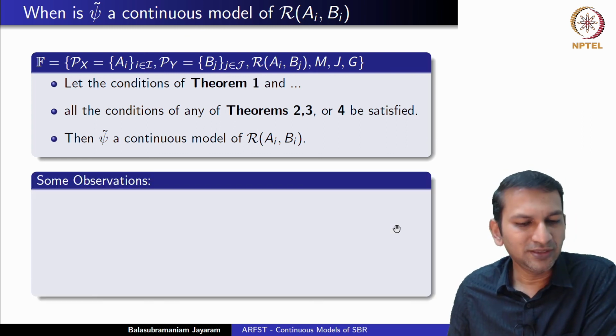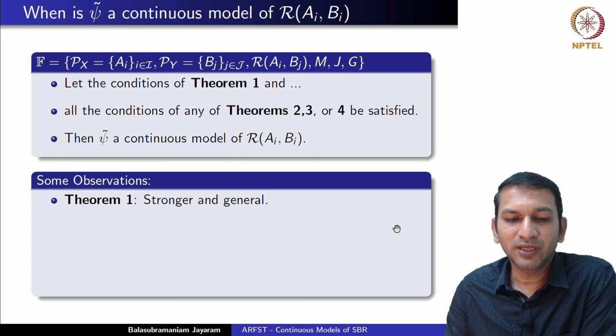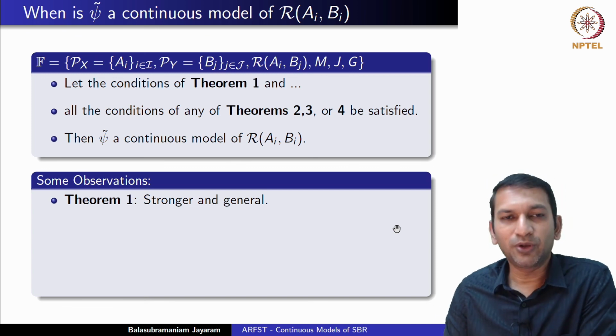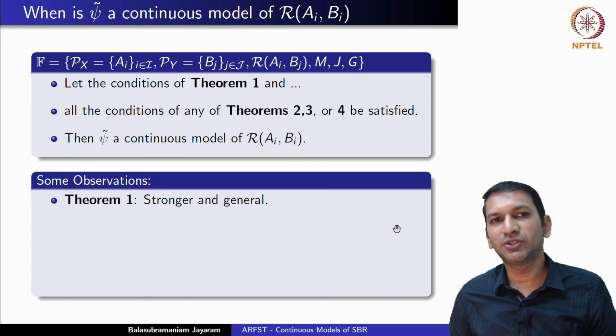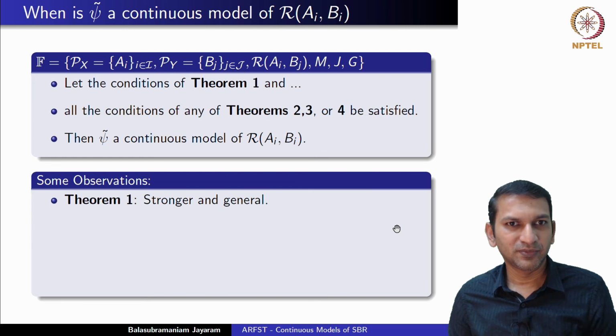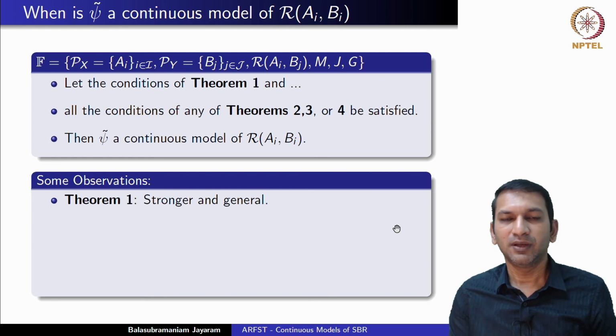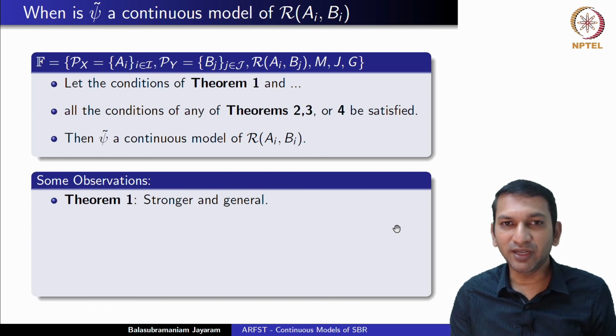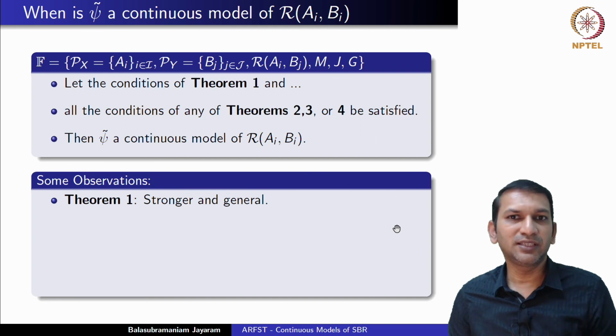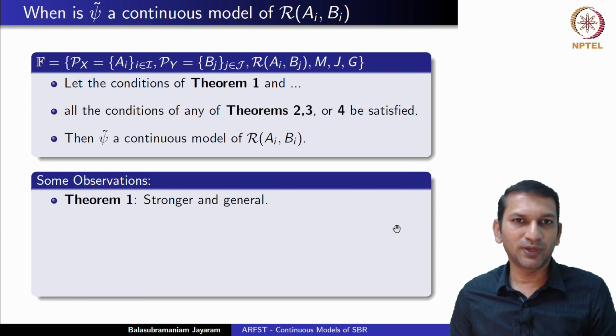A few observations. Note that theorem 1 is in general stronger, and it is also general because we have not put any conditions on J or G except on the continuity part. We are not asking for some boundary conditions on J. We are not insisting that they should come from a residual lattice or so.